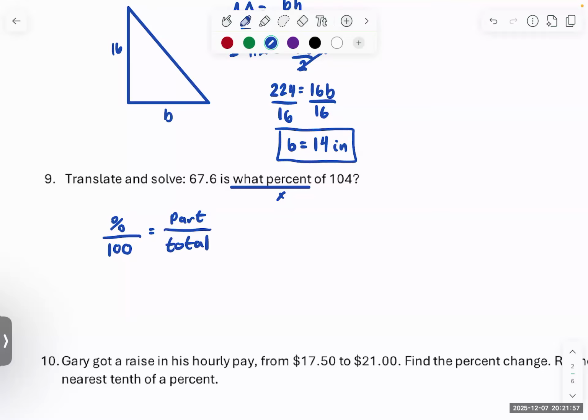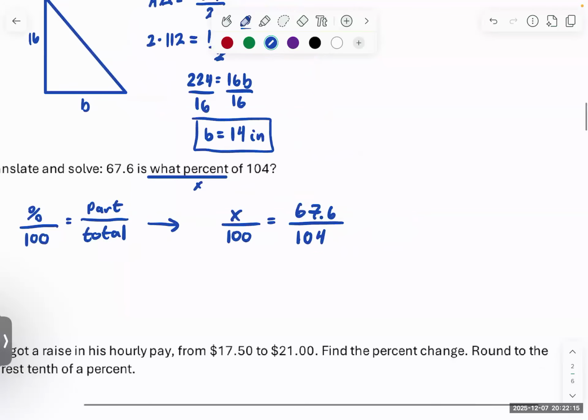Percent is what we're looking for, so that's going to be x over 100 equals my part, 67.6, over 104. The of is going to be your 100%.